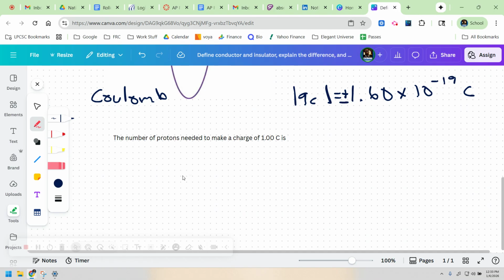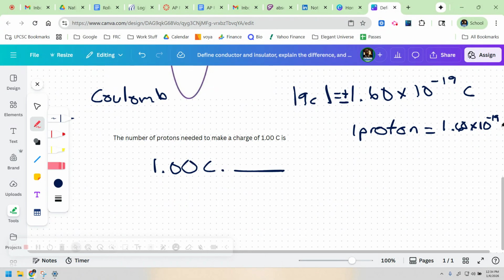This is a crazy decimal. So this is just unit conversion. I want 1 coulomb, and then I'm going to multiply that by a conversion factor. So remember that 1 proton has a charge of positive 1.60 times 10 to the negative 19 coulombs.